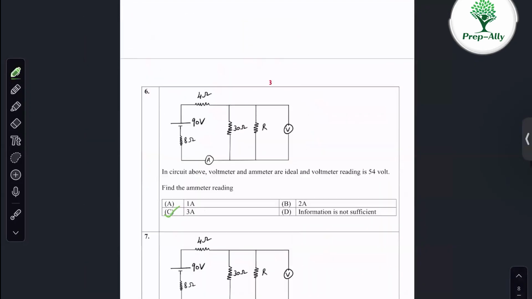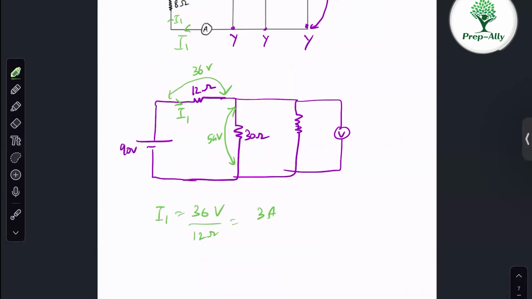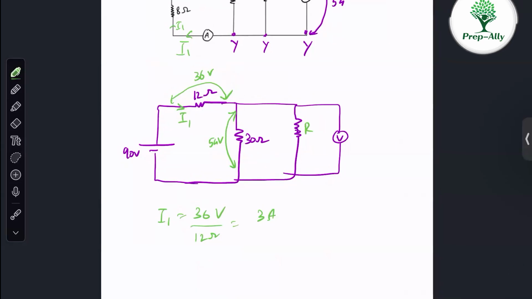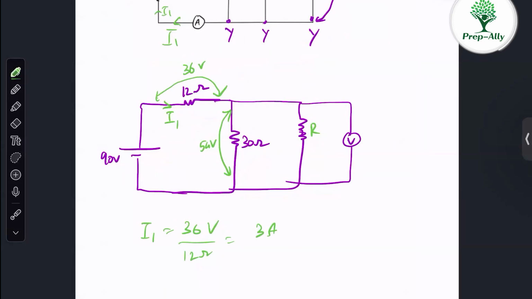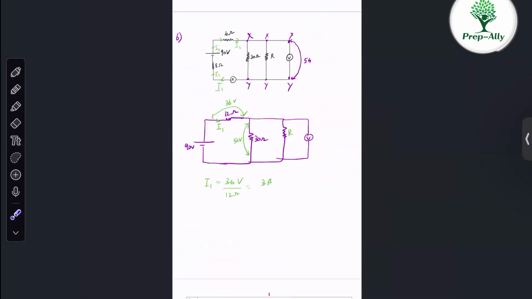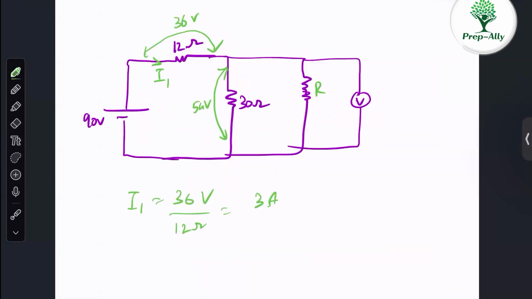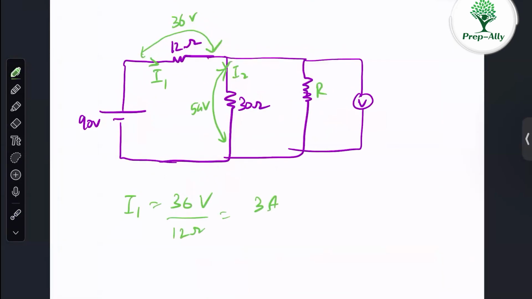The second part is the value of R. So if you see, this R was not at all required till now, because they gave other information. So now we got I1 as 3 amperes. Then what will be I2?